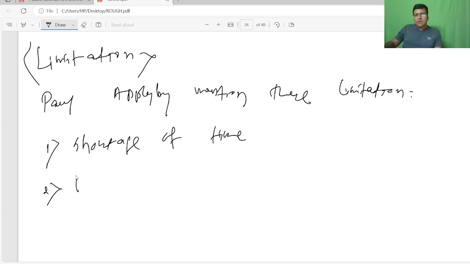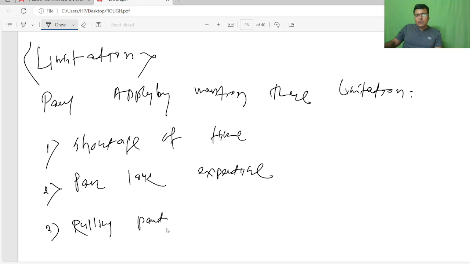Second, Parliament lacks expertise to control administration. The ruling party has a majority in Lok Sabha. That is one problem.